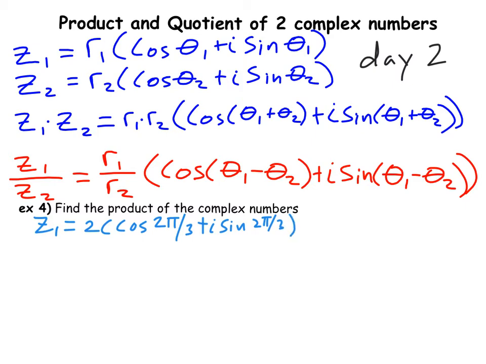And complex number 2 will be r is 8 cosine of, let's see here, 11 pi over 6 plus i sine.